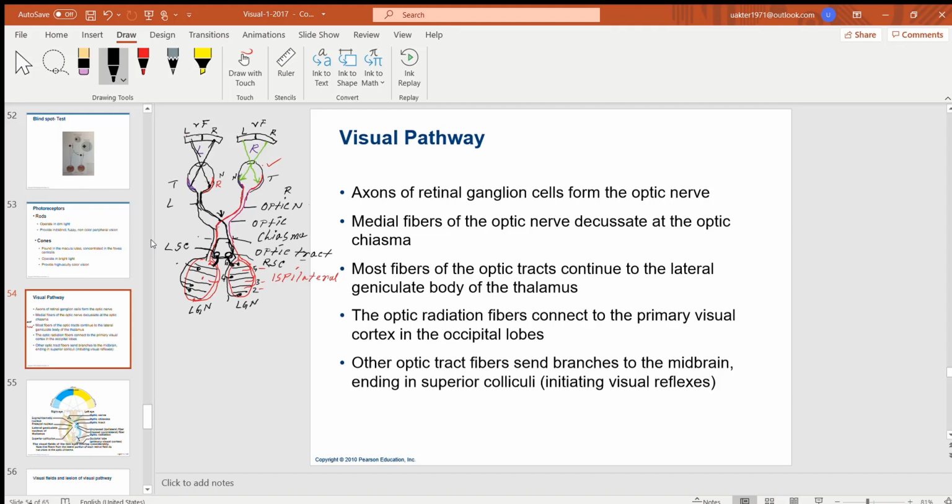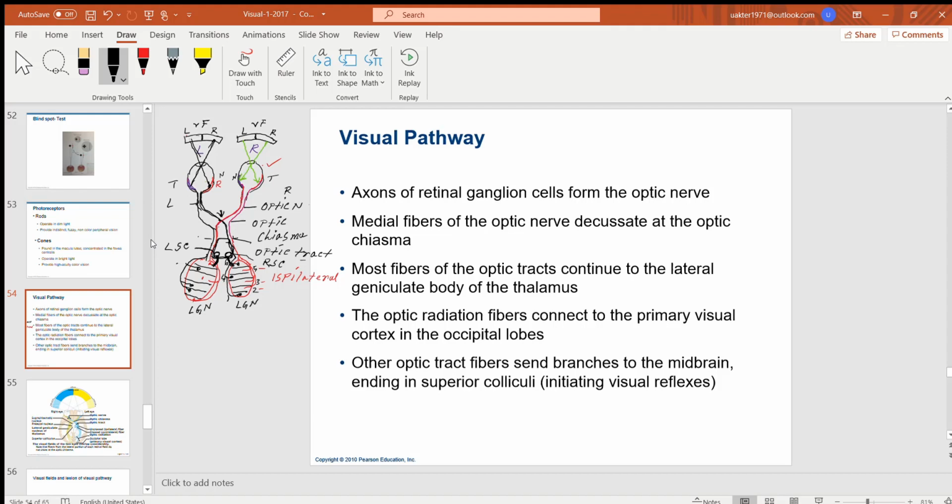You already know those three cranial nerves regulate the eye movement, the extraocular or extrinsic eye muscles, right? Oculomotor is the main one, and also trochlear and abducens. Okay, so that is one.